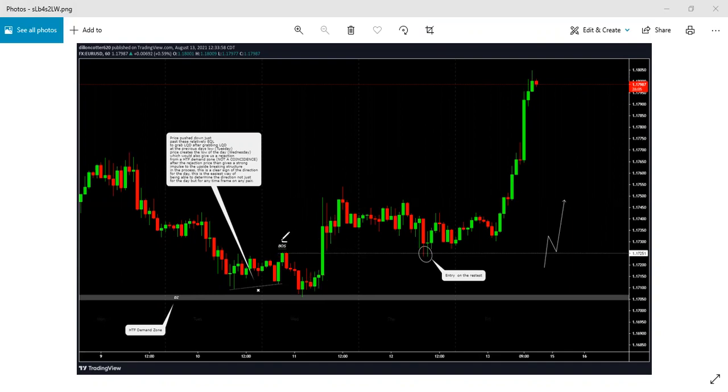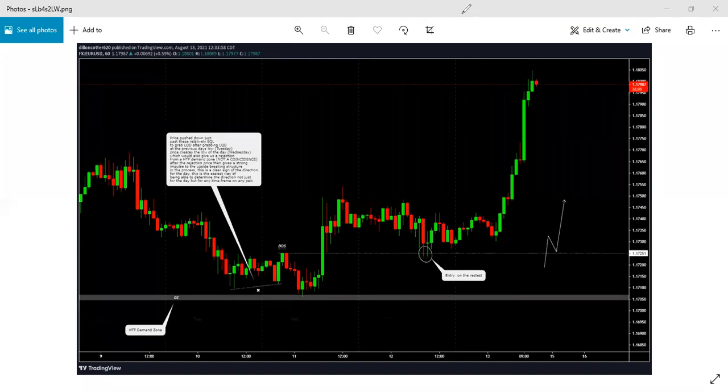So after this break of structure occurs, we can expect price to retest back into that certain zone, right? Filling inefficiency, mitigating orders, and then releasing the rest of buy orders, heading towards a higher time frame point of interest and capturing buy side liquidity along the way.